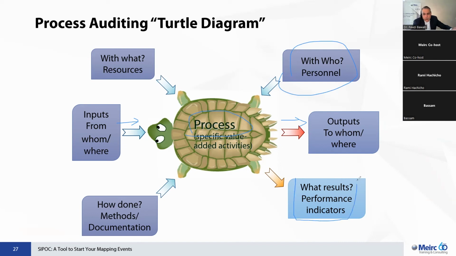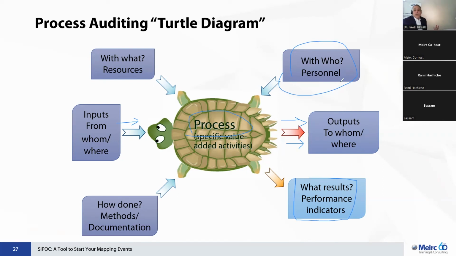How can you measure the results of the process in terms of output, compliance, customer satisfaction, efficiency, speed, waste? All of these factors could be used as a way to measure any type of process in any function in any industry. So we can use it to examine any process.